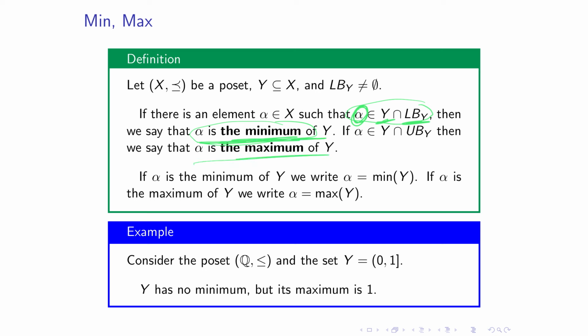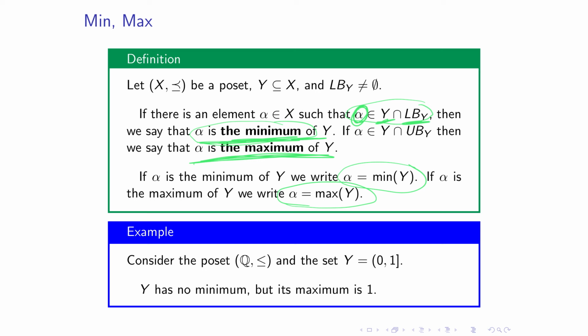And then there is obviously a dual definition for the maximum. As a matter of notation, when alpha is the minimum of the set Y, we write alpha equals min Y. When alpha is the maximum of the set Y, then we write alpha equals max Y.